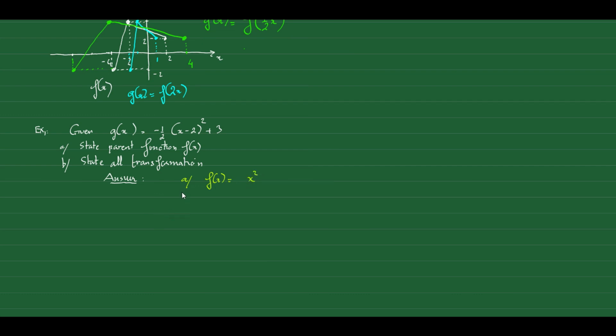Now on the second one, we want to recognize the transformations. You see that x squared, and you add 3 to that, so you mean shifting upward 3 units.